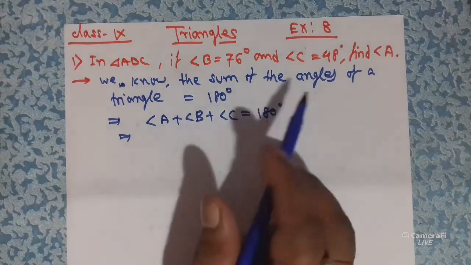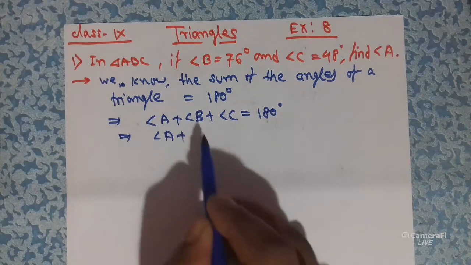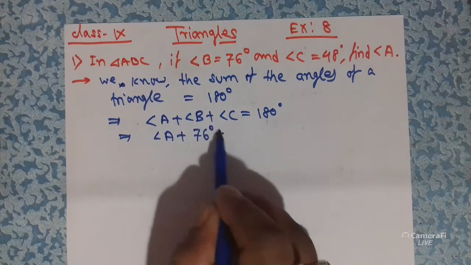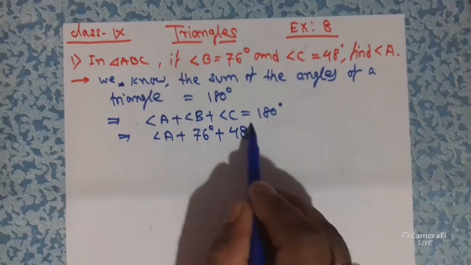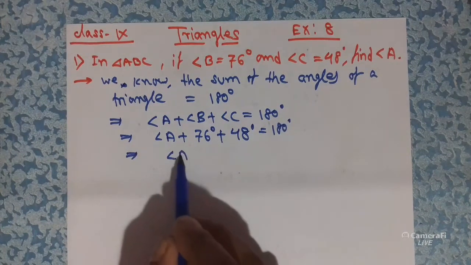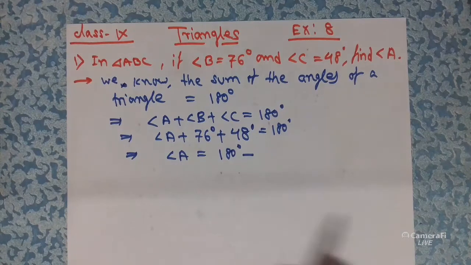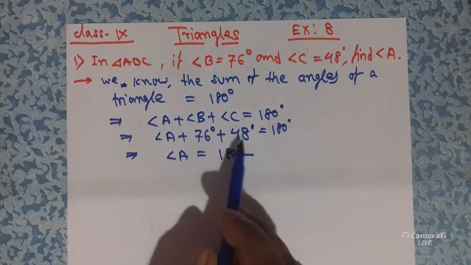So the values of angle B and C are given. Angle B is 76 and angle C is 48 degrees. So this implies angle A is equal to 180 minus. At first we have to add these two values.